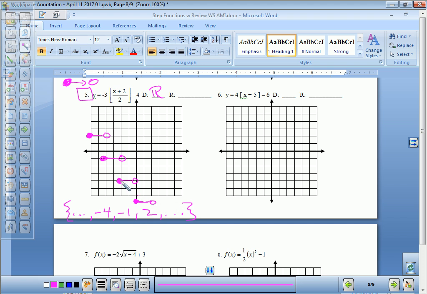The y value of this bar is -4. The y value of that bar is -1. The y value of that bar is +2. That is my range.